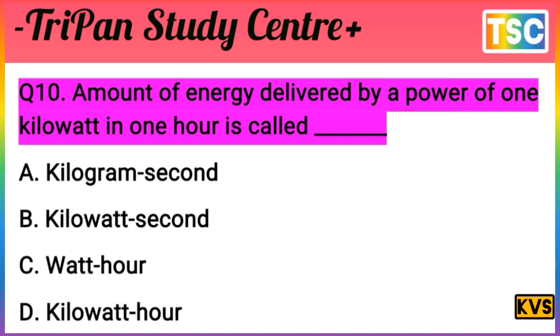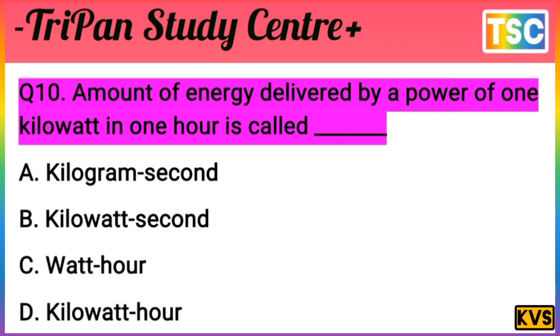The question is clear and interesting. A, kilogram second. B, kilowatt second. C, watt hour. D, kilowatt hour. Two options have second and two options have hour. That is the most important thing here. The kilowatt is with hour, as the question already asked for an hour.